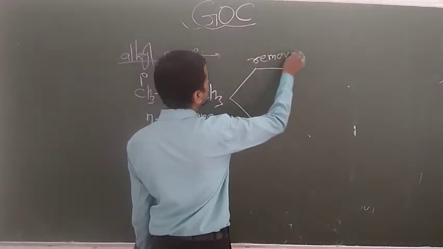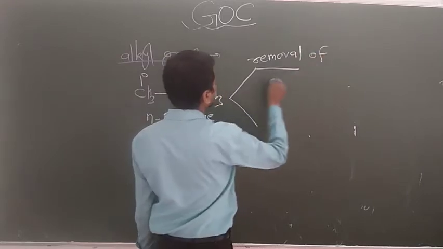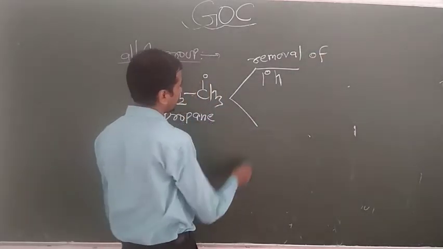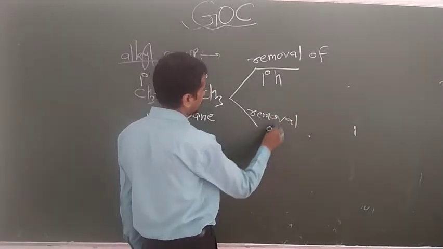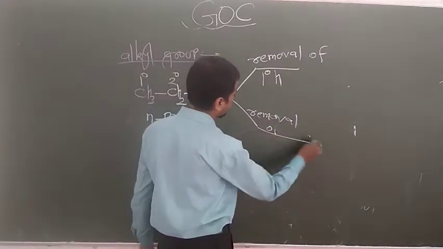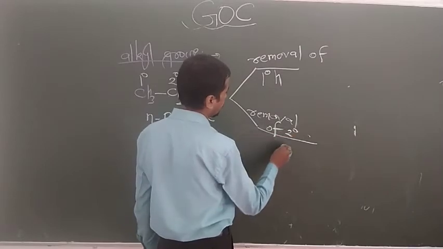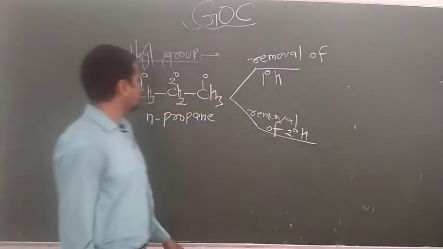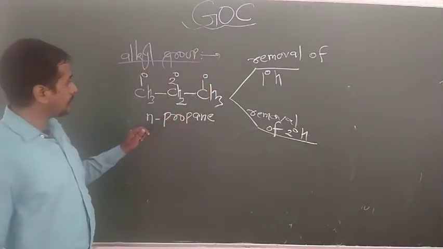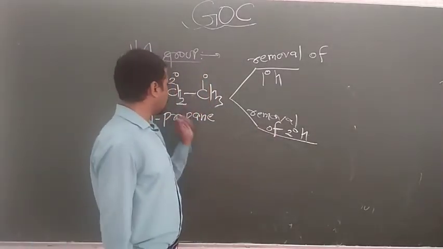Removal of 1 degree H and removal of 2 degree H. That means the removal of H from a 1 degree carbon and removal of H from a 2 degree carbon.